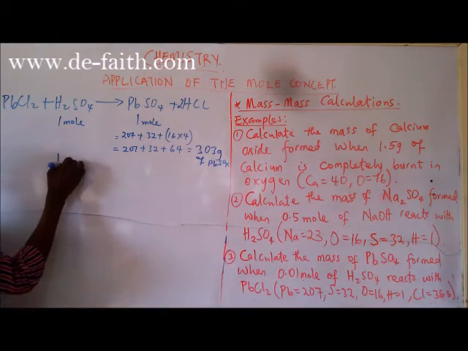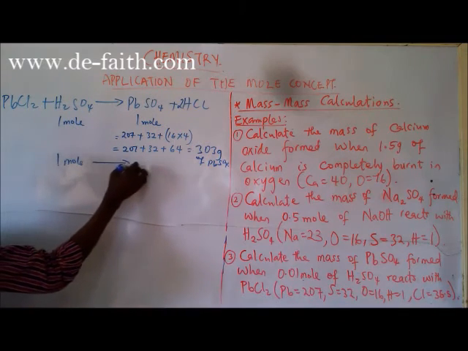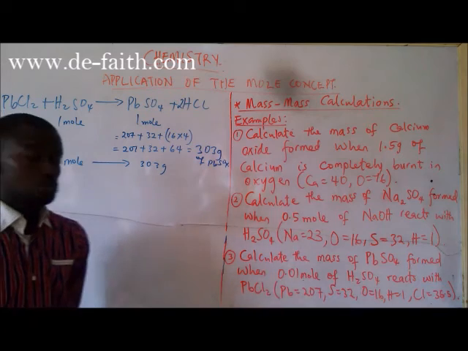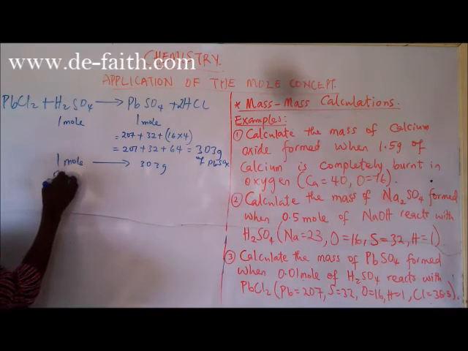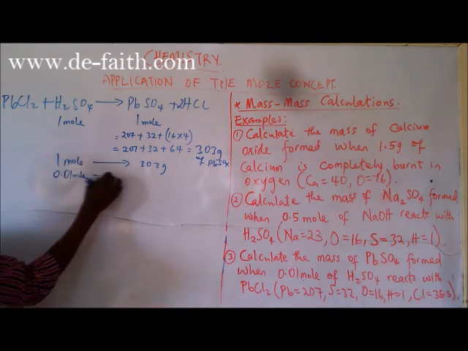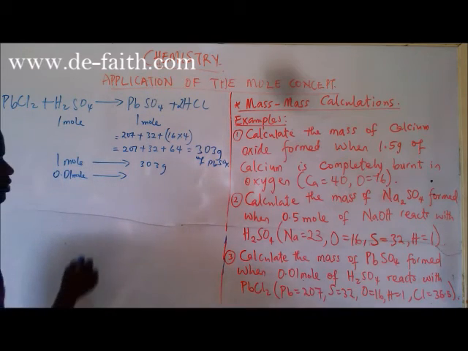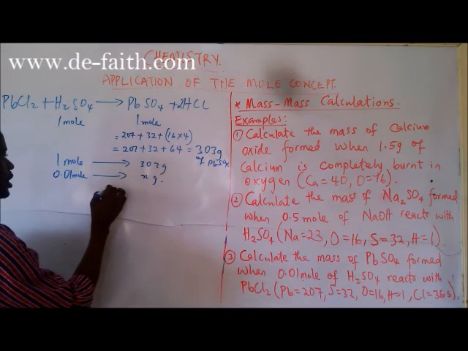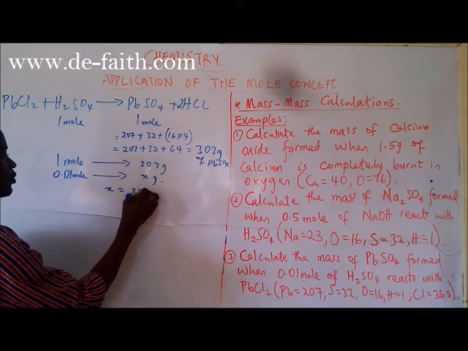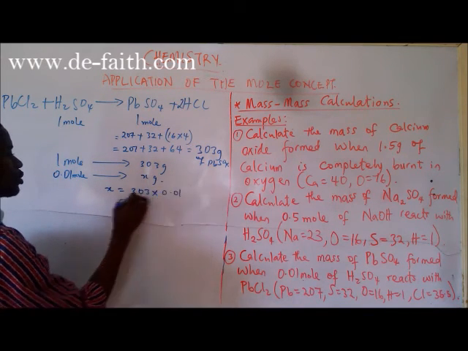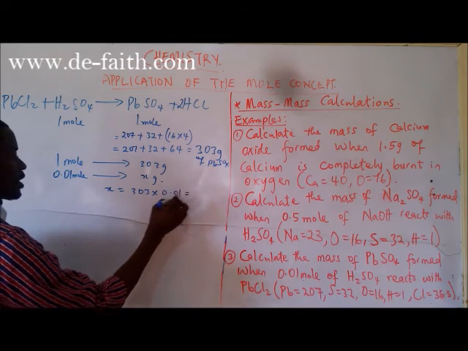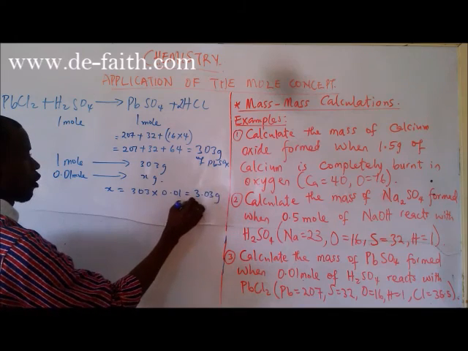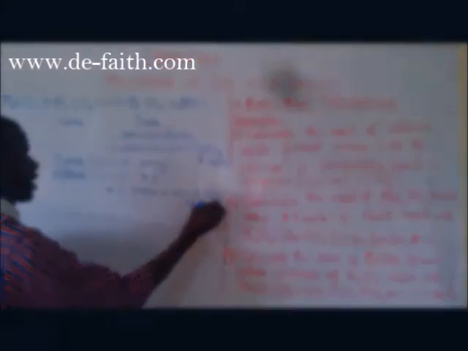So we are going to relate 1 mole of H2SO4 to 303 grams of lead 2 tetraoxosulfate 6. What will be the mass if we have 0.01 mole of H2SO4? And that will be 303 times 0.01. That's equal to 3.03 grams of PbSO4.